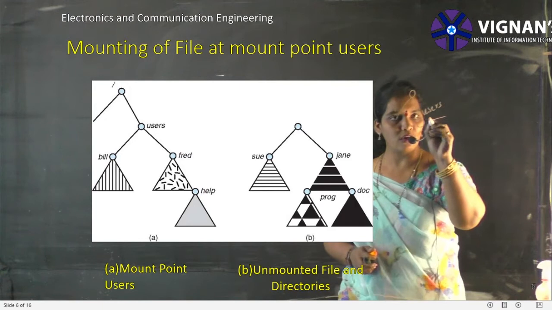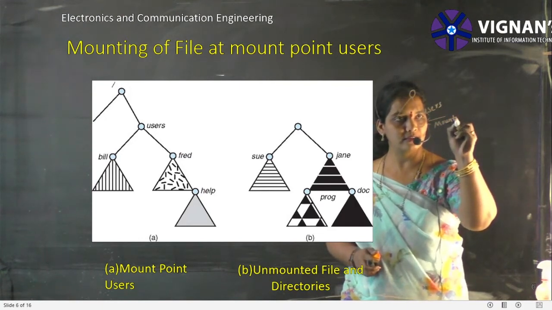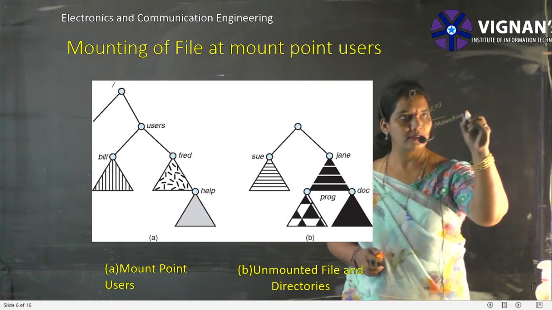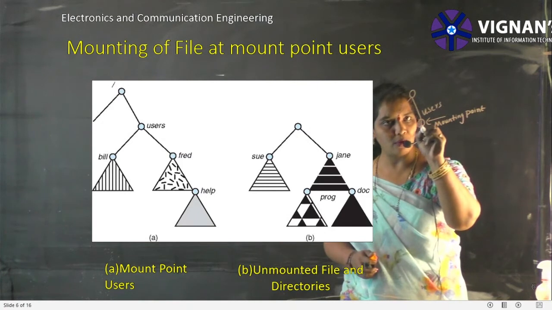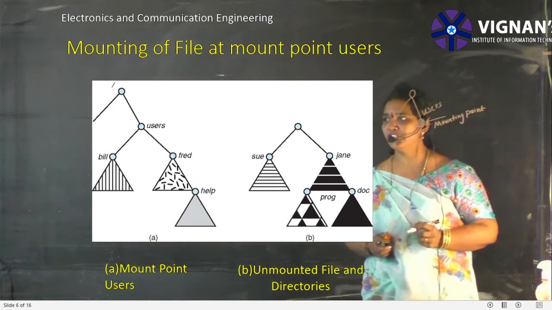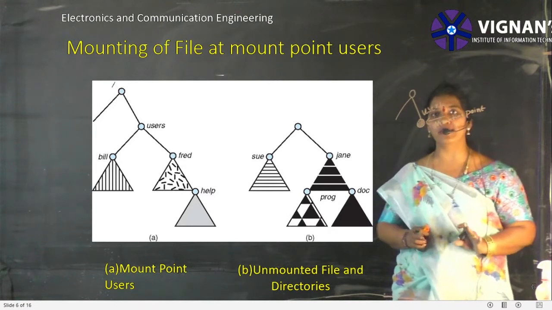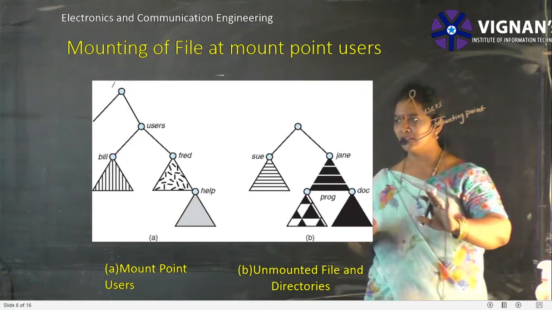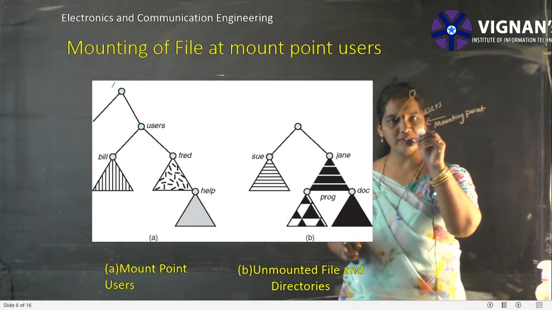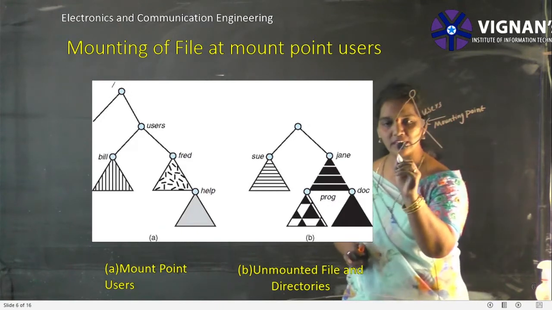A mounting point is a point at which we need to add the unmounted files. At present, for a system, we have some other directories and files which are connected.